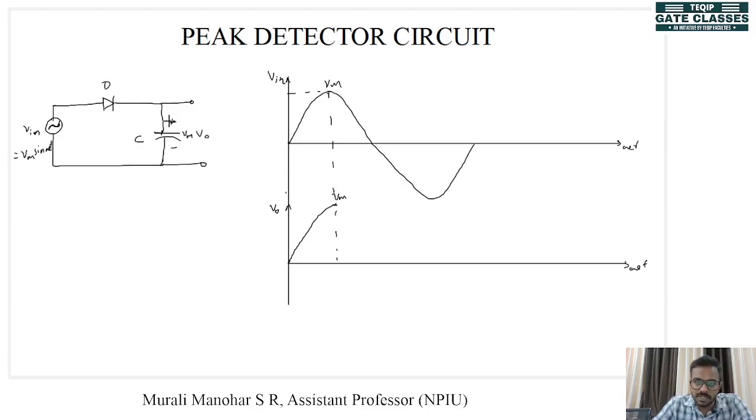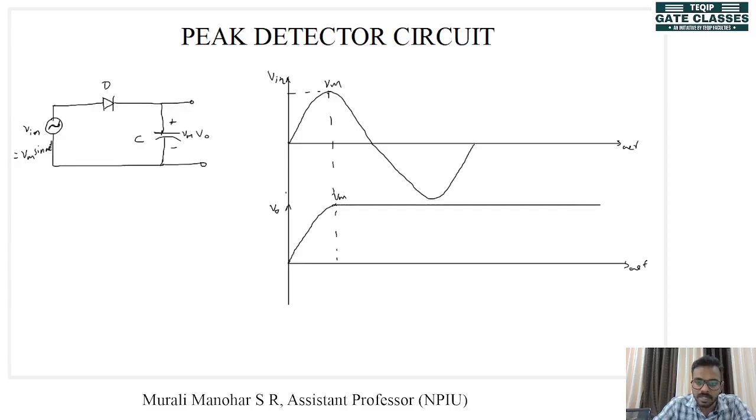So cathode voltage is connected to Vm and anode voltage is just below Vm. And what happens to the diode? The diode will be reverse biased. When the diode is reverse biased, what happens? The capacitor doesn't have a charging circuit or discharging circuit anymore connected to it. So the capacitor voltage will remain the same.